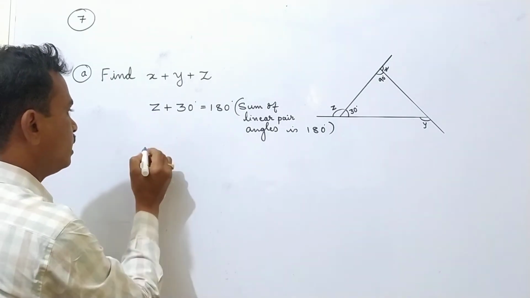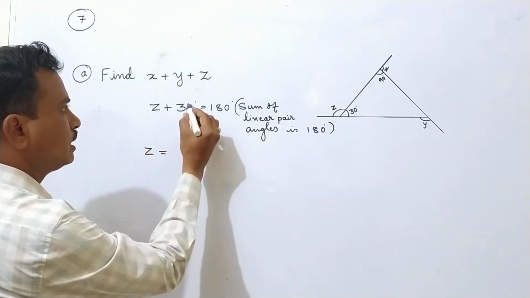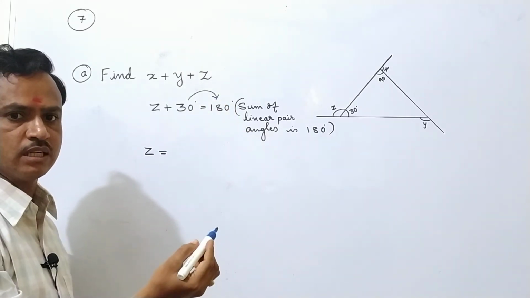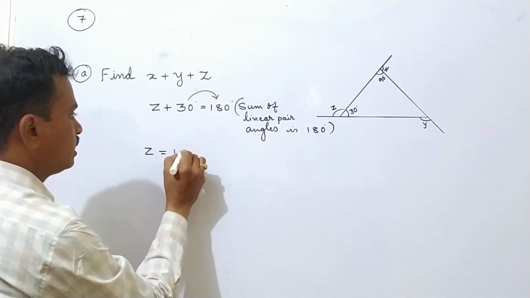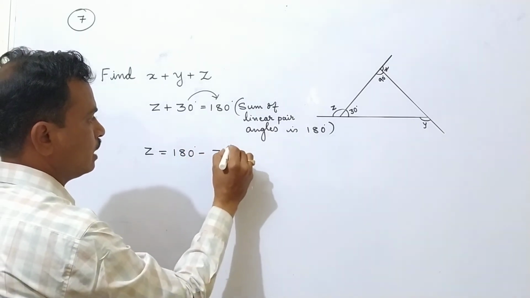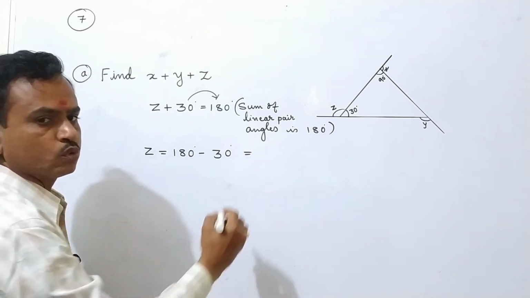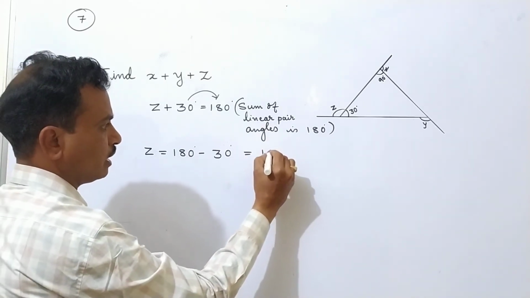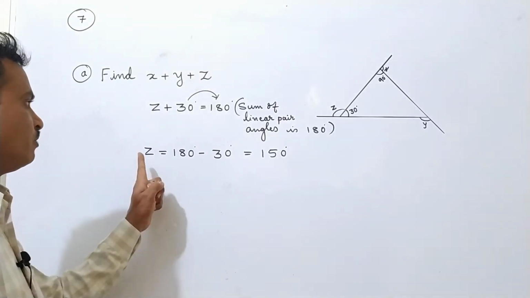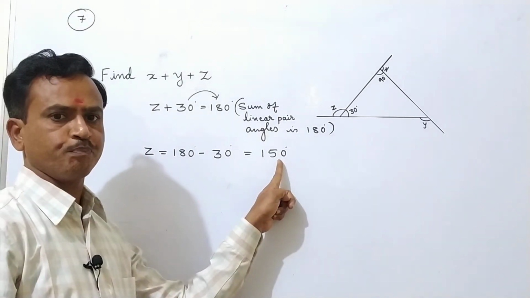Then the 30 degree should be taken to the RHS side, becoming minus 30 degree. So 180 degree minus 30 degree is equal to 150 degree. So the z value we got is 150 degree.